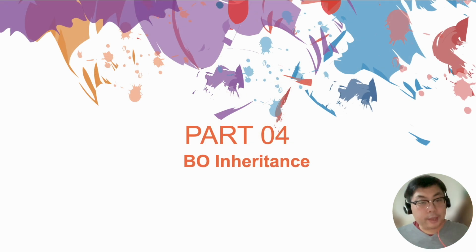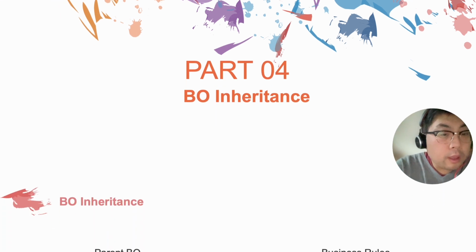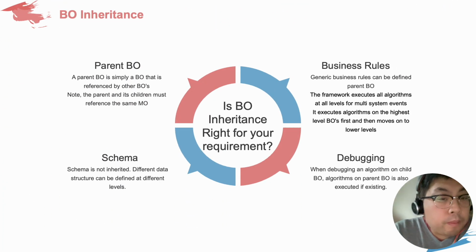Alright, so the last part is the business object inheritance. I put a very big question mark here. I don't want to talk too much about inheritance because I have seen it being used in the project.